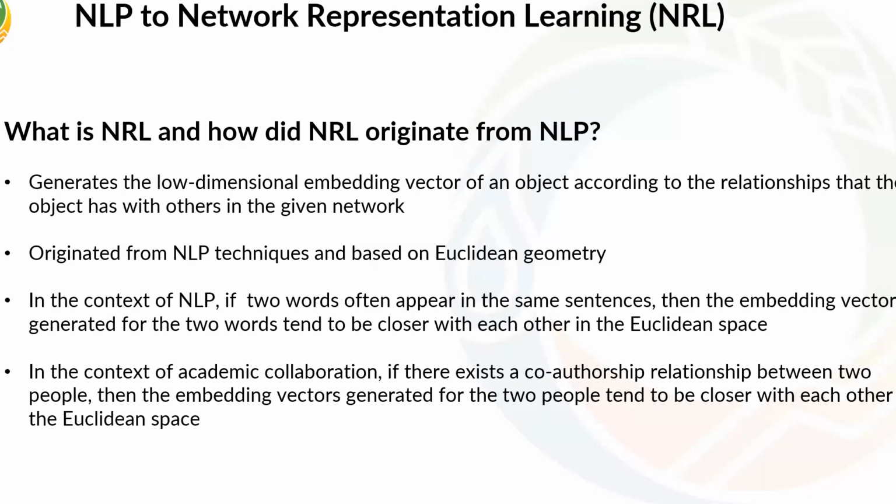Then the embedding vectors generated for these two academics who have published together tend to be closer than others in the Euclidean space. So those are the similar ideas shared across the two research areas.